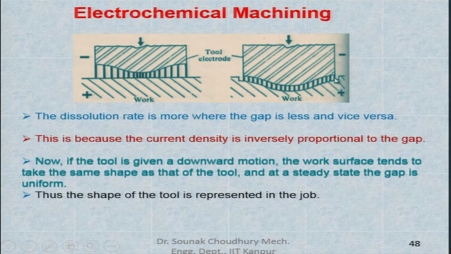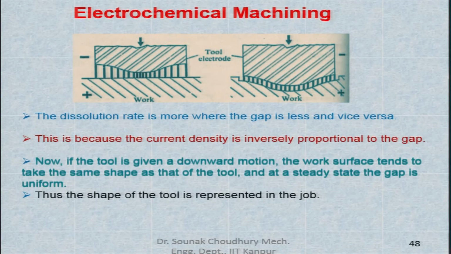So, this much material is removed and the workpiece shape becomes the same as the shape of the tool. That means the shape of the tool is conformed onto the workpiece. And of course, there should be a movement of the tool towards the workpiece, because the standoff distance is increasing. So, this is the schematic diagram of electrochemical machining, showing the principle.